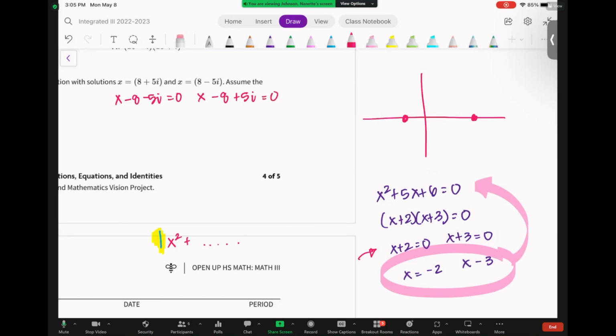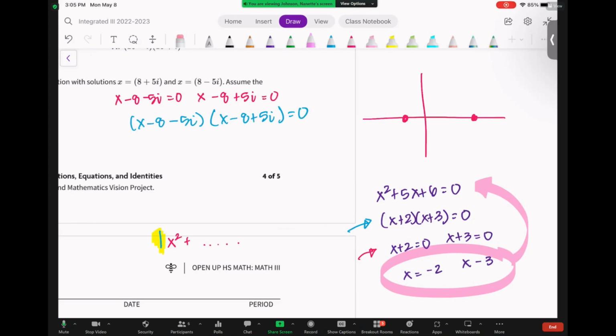Okay, so that's this line. Then the next thing is, we take those two factors and we put them in parentheses and set it equal to 0. So we say x minus 8 minus 5i, and x minus 8 plus 5i equals 0.